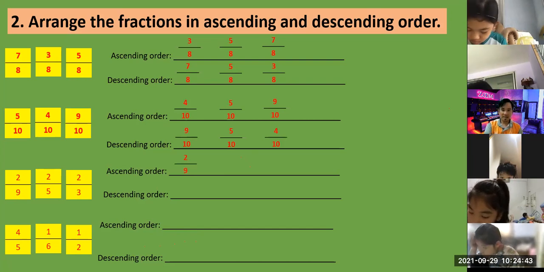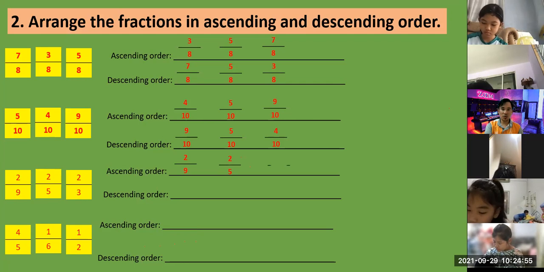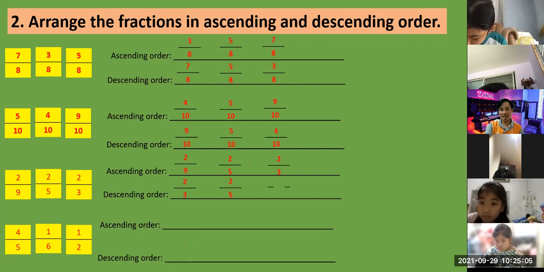And here, 2/9, 2/5, and 2/3. In descending, write first 2/3, then 2/5, and 2/9.